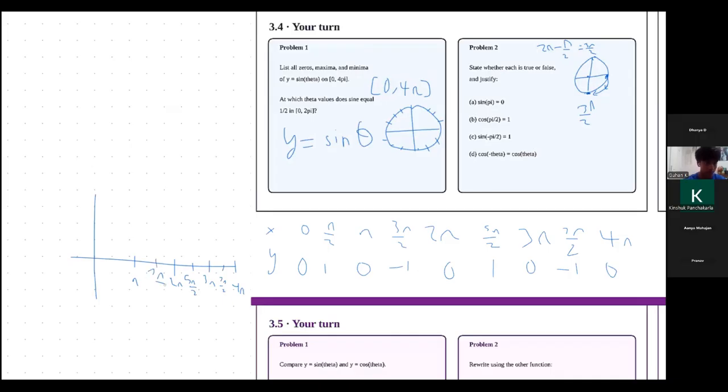So 3 pi over 2 and pi over 2. Okay, now let's go and plot these points. If that's 1 and this is -1, it'll go like that.